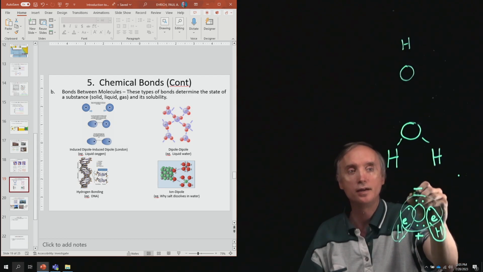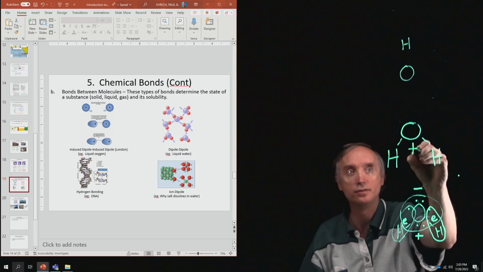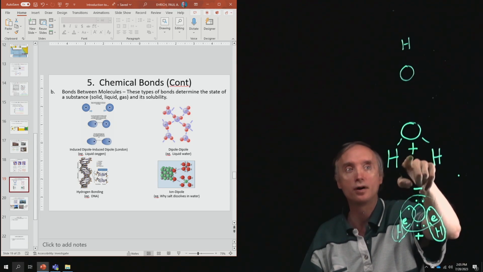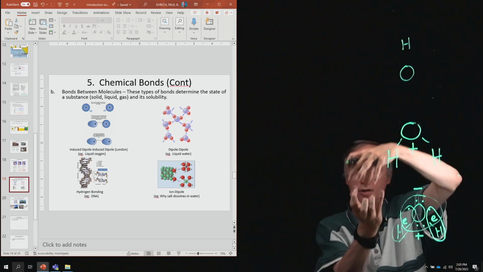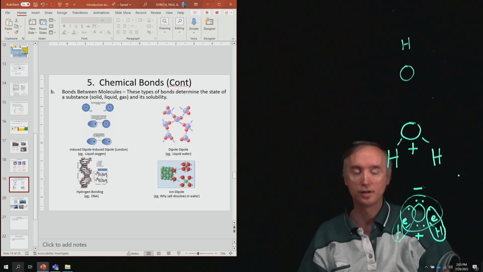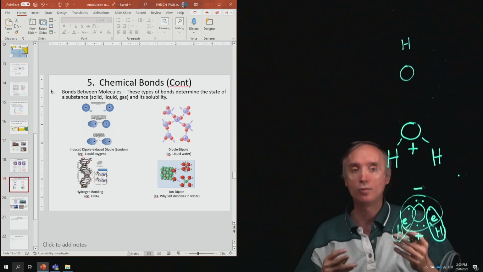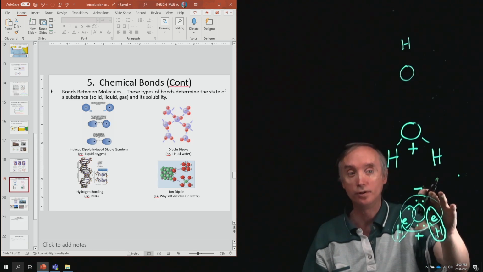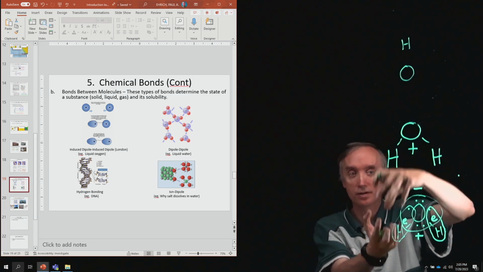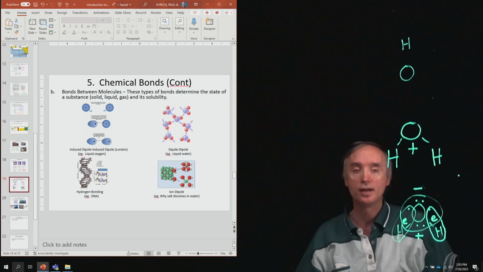Then this negative part of this water molecule is going to be attracted to this part of this water molecule. So the two of them will stick together electrically. And now what we've done is we have created liquid water. They're stuck together in a clump, and now we've got liquid water.